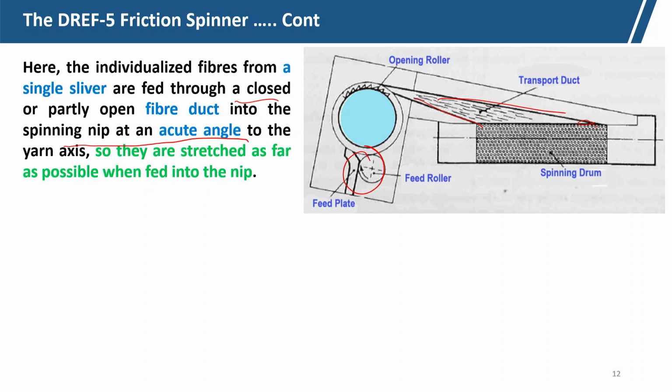So, it is an acute angle, the angle is very low. So, they are stretched as far as possible when the fibers are fed into the nip, so they are not buckled. One single sliver is fed through the fiber duct.